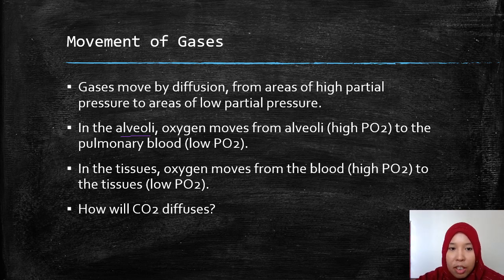But the oxygen in your lung is high. Therefore, the oxygen in your alveoli has a high partial pressure, and the oxygen in your blood has a low partial pressure, particularly in the pulmonary blood. Pulmonary means in your lung. So the blood in your lung has low oxygen, and the air in your lung has high oxygen.